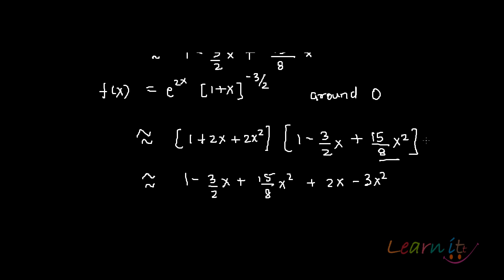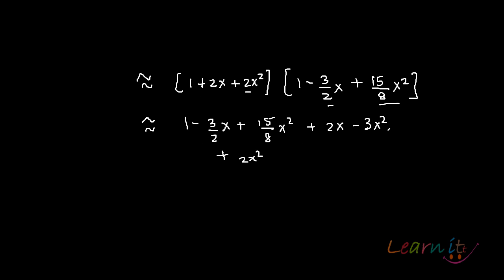I am only interested till the quadratic term. And lastly, I can multiply the term 2x square with the whole bracket here, I will get 2x square. Again, for the same reason, I don't need to multiply it with the last two terms, because they will give me cubic or higher powers, which I am not looking at.